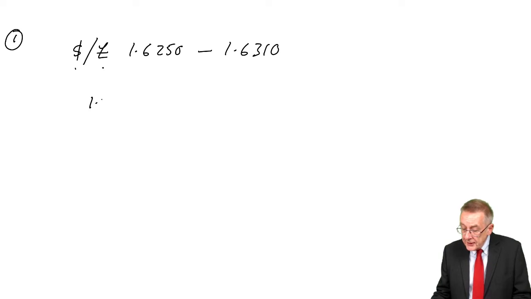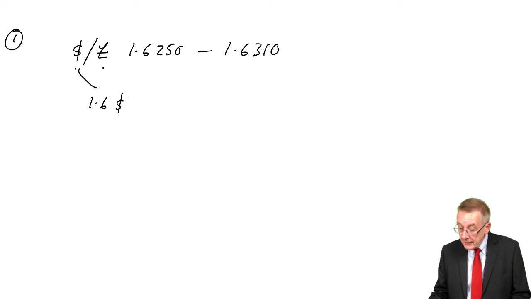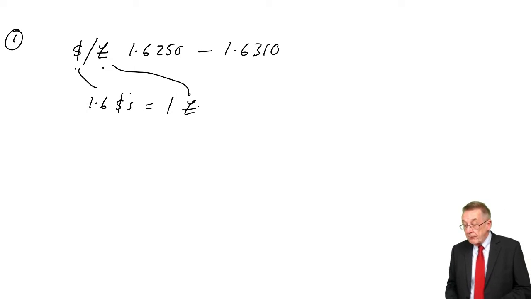It means 1.6 of the first currency, dollars, equals 1 of the second currency, which here is pounds. So $1.6 is equal to £1.